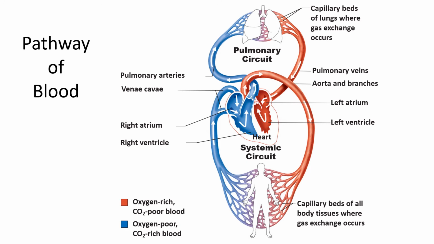The heart is divided into two separate halves. We have a right and left ventricle, and they're divided by the interventricular septum. The atria, left and right, are also isolated from each other. And that means that the right side of the heart will only deal with deoxygenated blood, while the left side of the heart will only deal with oxygenated blood.